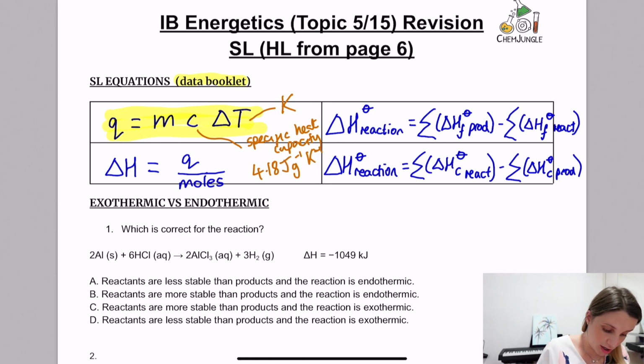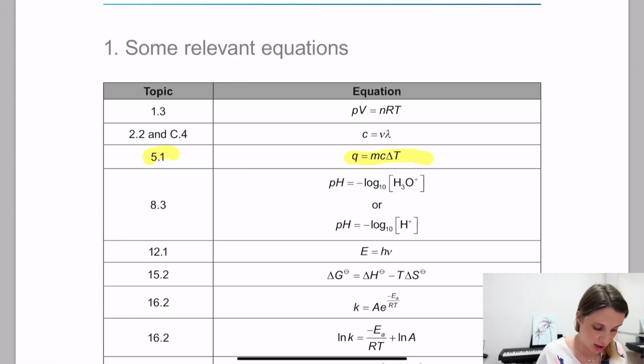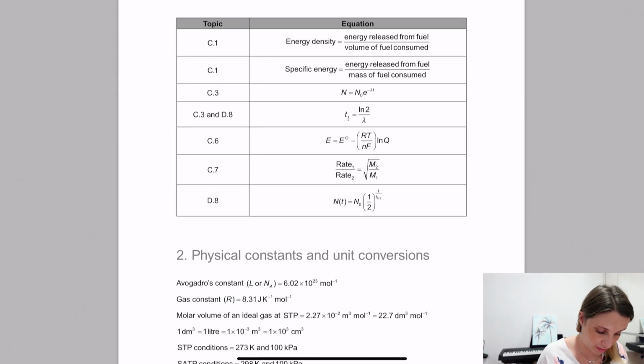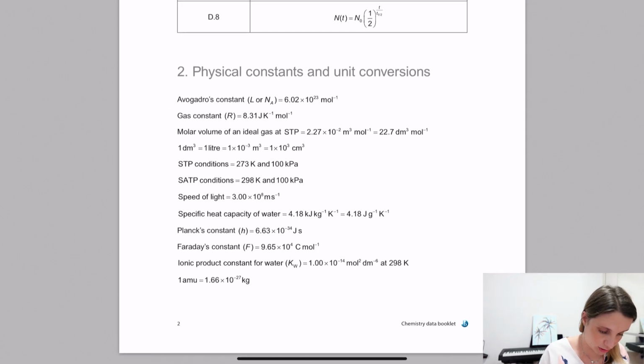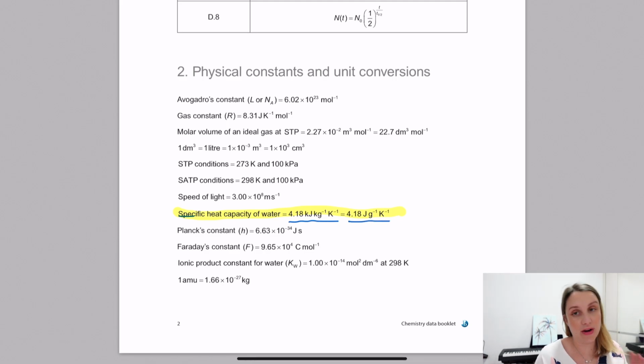This also you can find in the data booklet in table 2. You'll notice that it gives it in 2 units, in kilojoules per kilogram per Kelvin and also in joules per gram per Kelvin.